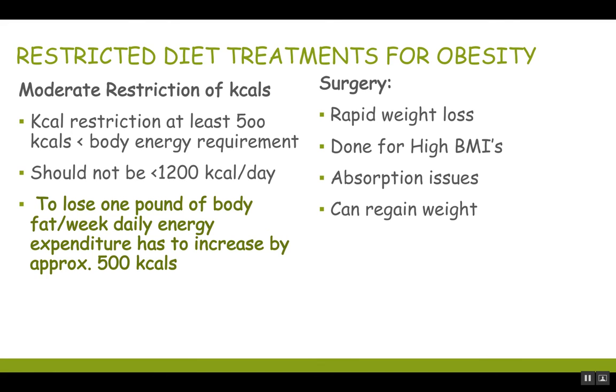So some things to know: in order to lose 1 pound of body fat a week, the daily energy expenditure has to increase by approximately 500. So you need to burn 500 more calories in order to lose 1 pound a week. So that's important to know as well.